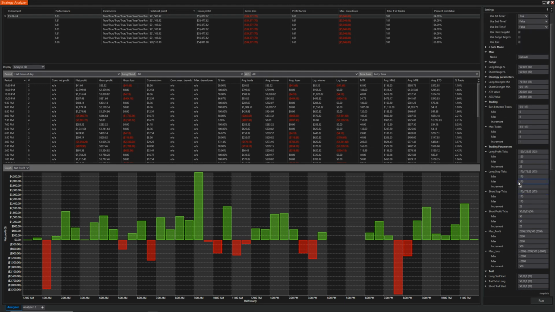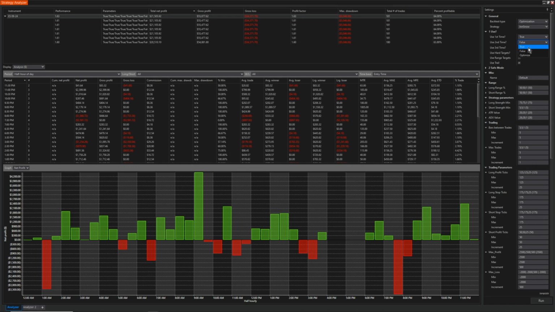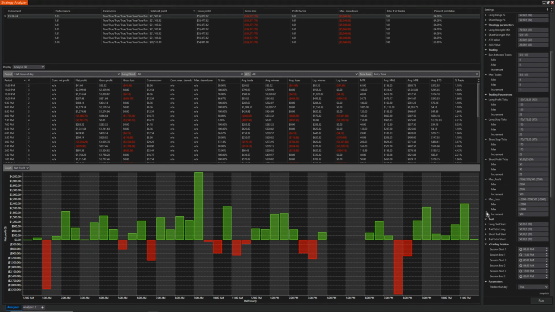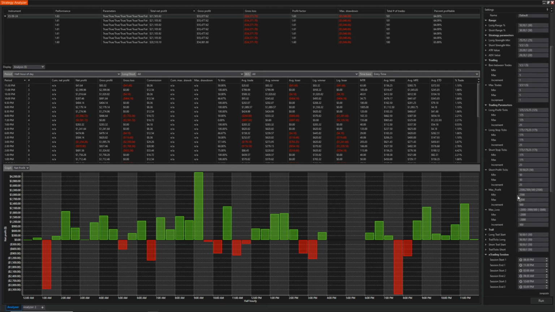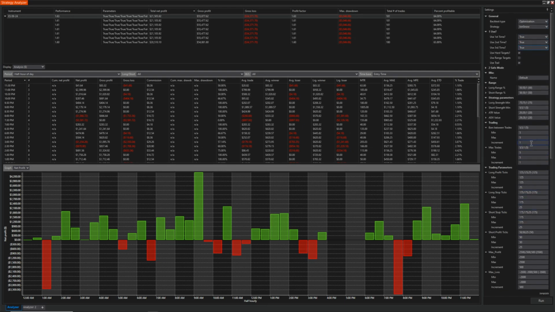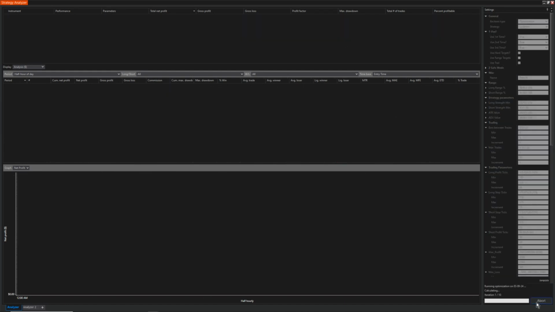And then on here, I want to make sure I use all my times, so I'm going to make those true. And since we've locked in everything else, we don't actually have anything to optimize it on. So let's go ahead and see if the max trades per day, we should up that or lower it. So now that we know the time of days it works, we're going to go and note that.